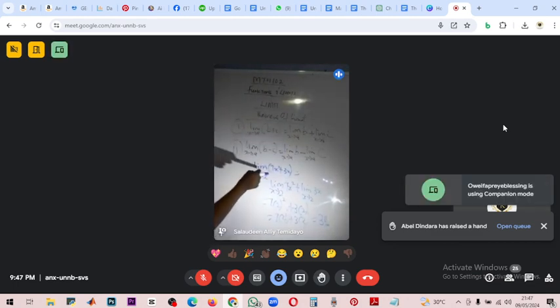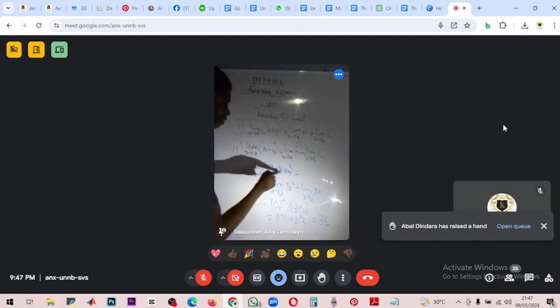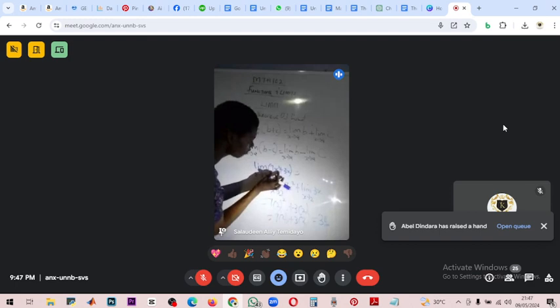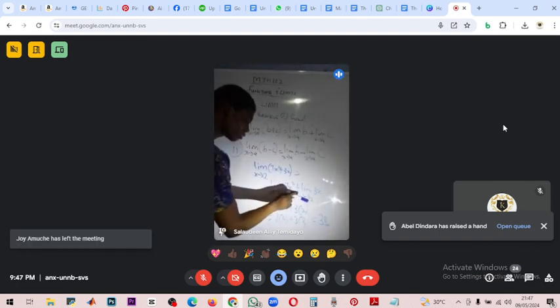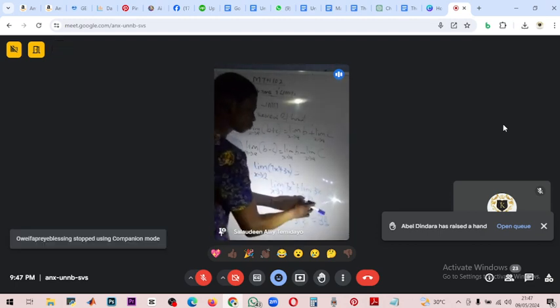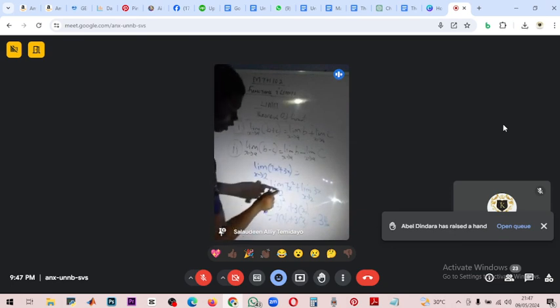If that is not so clear, look at this. The question is the limit of 7x squared plus 3x as x approaches 2. We can write it as the limit of 7x squared as x approaches 2 plus the limit of 3x as x approaches 2.